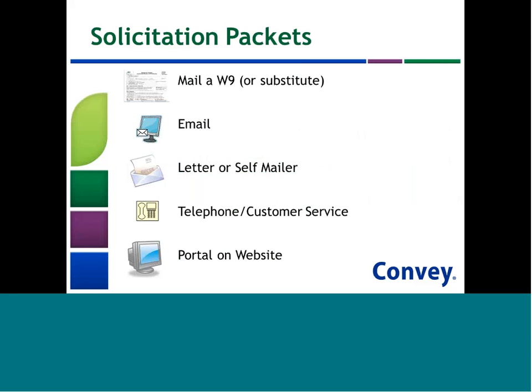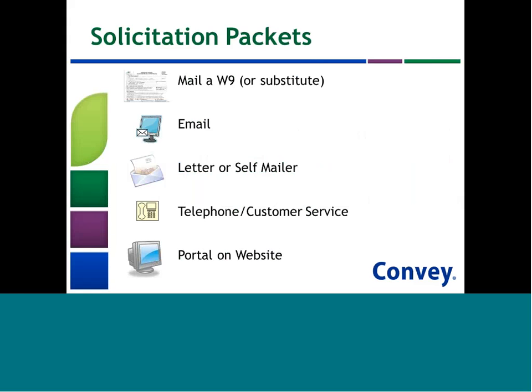The main way would be mailing a W-9 or substitute to the individual. You can contact them by email, letter or self-mailer, telephone customer service, portal on a website. Depending on your organization, these all have different costs associated depending on the size of the problem that you have. You can even get this information in person if you need to.